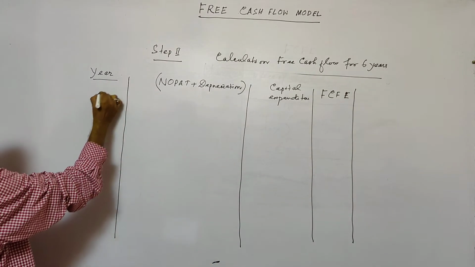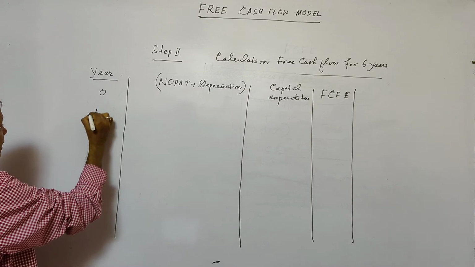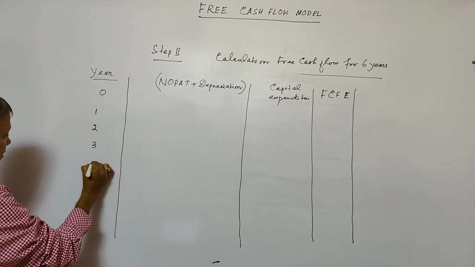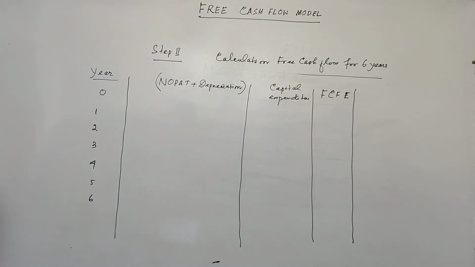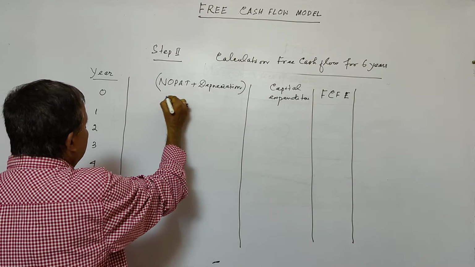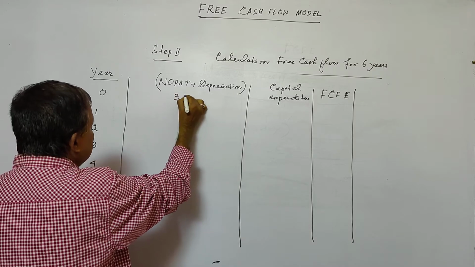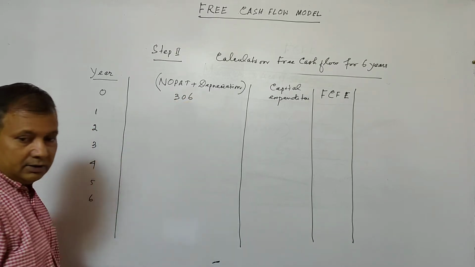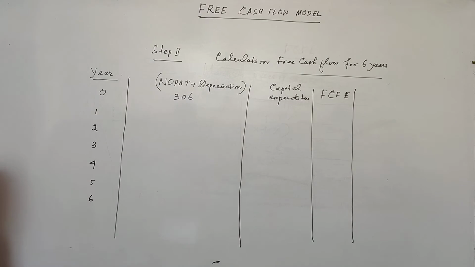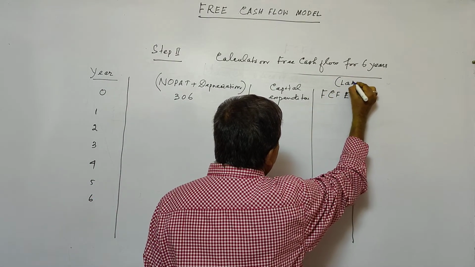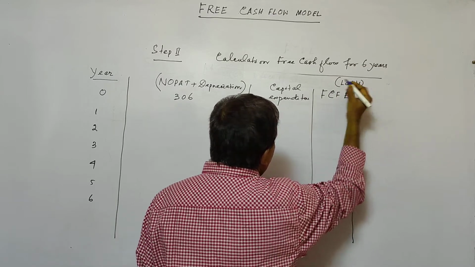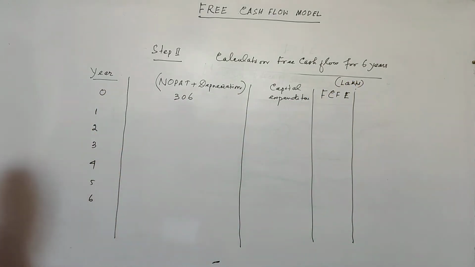Let us write: this is year 0, 1, 2, 3, 4, 5, 6. This is the 6th year. And in year 0, as per the question, net profit after tax plus depreciation, let me write all the figures in lakhs, is 306 lakh.